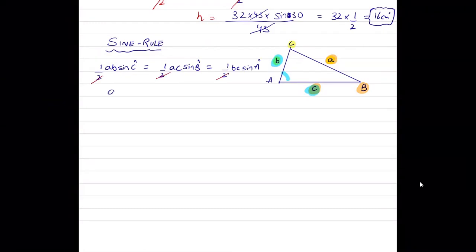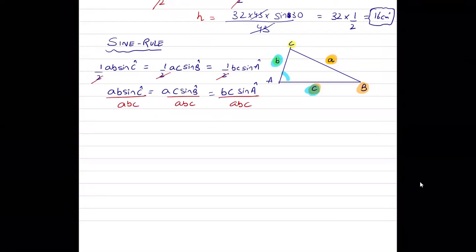You get AB sine of angle C equals AC sine of angle B equals BC sine of angle A. I'm just doing the derivation of the sine rule. Now, you are going to divide all of these terms by ABC, the product of all the sides.